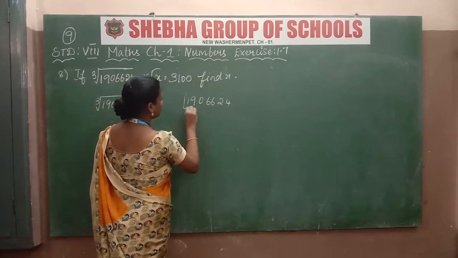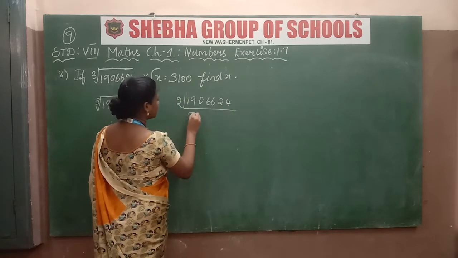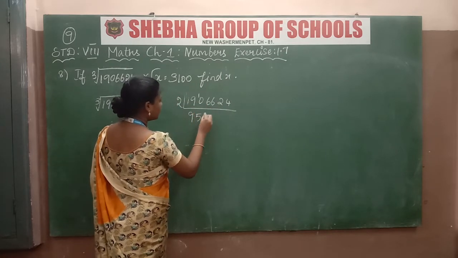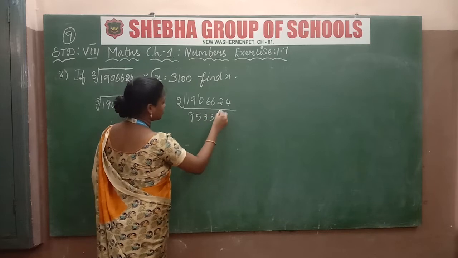1906624. So take LCM in 2 tables. 2 9s are 18, balance 1, 2 3s are 6, and so on.